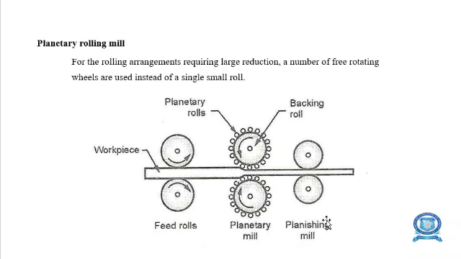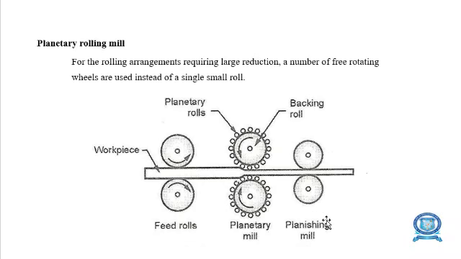Each pair of planetary rolls gives an almost constant reduction to the slab. The total reduction is the sum of a series of such small reductions following each other in rapid succession.